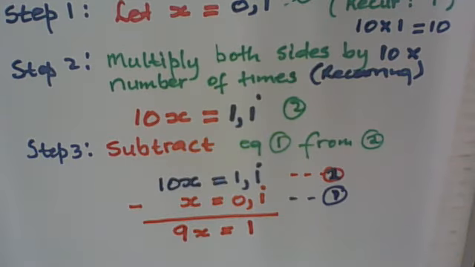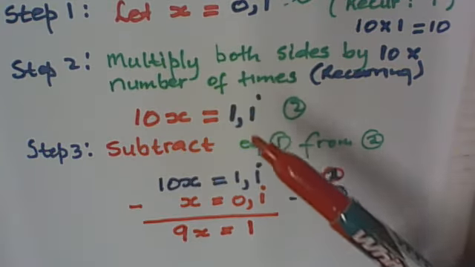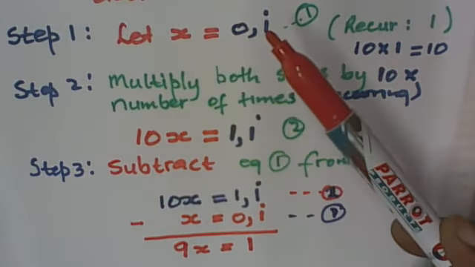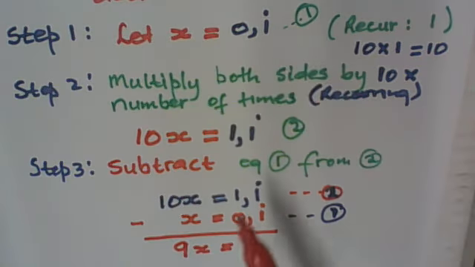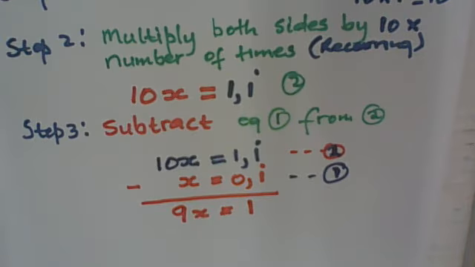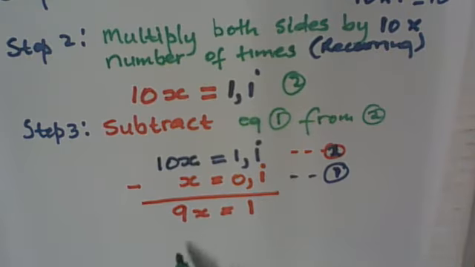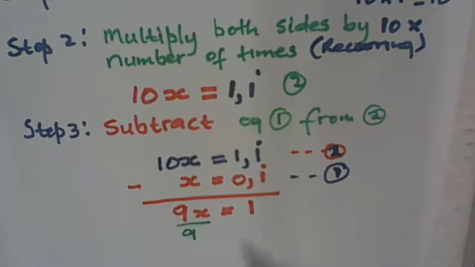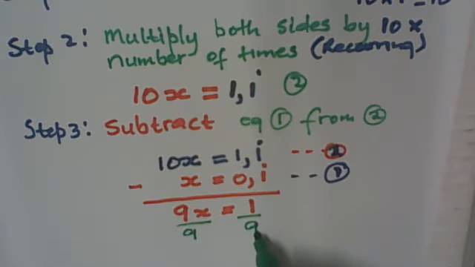Now, remember, we let x be equal to 0.1 recurring. So here we are going to solve for x. We now have to divide both sides by 9. Divide by 9.